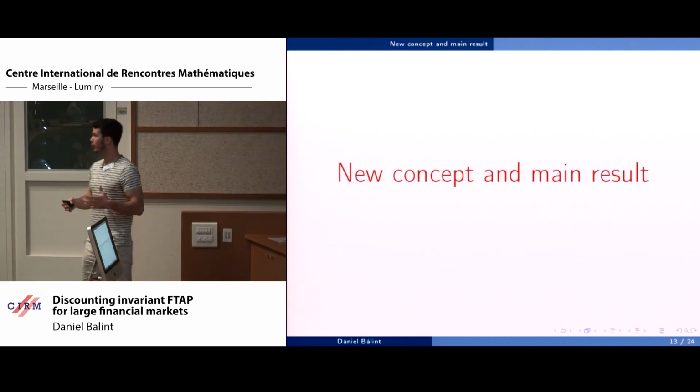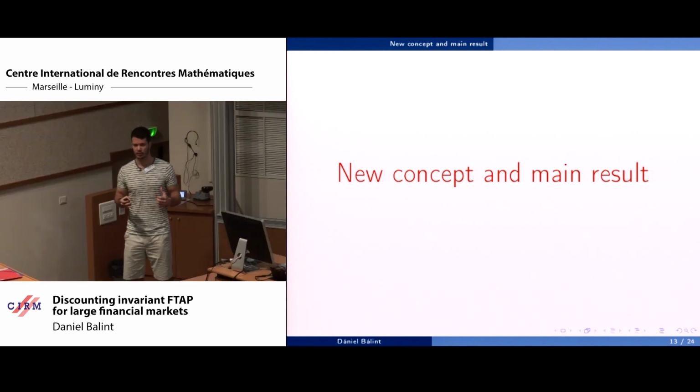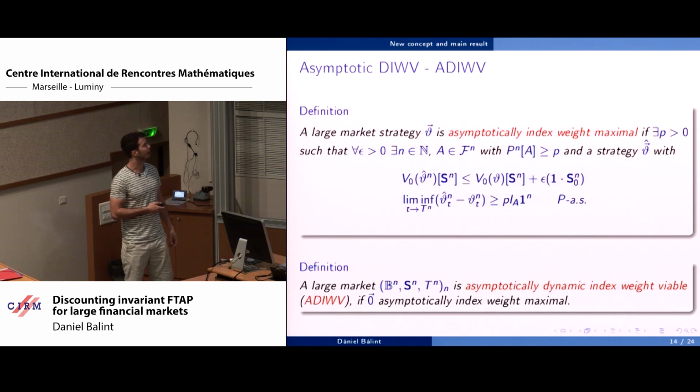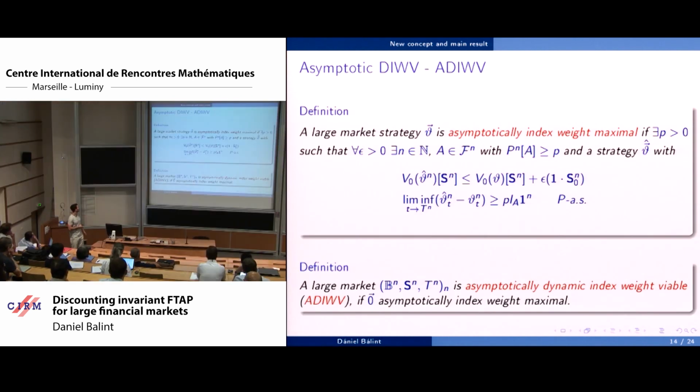So now we have our small market results, and we can get back to the large market framework by introducing our new concept, the asymptotic dynamic index weight viability, or I just say asymptotic viability. This is the counterpart of the viability for the small market. We go analogously, first defining a strategy.